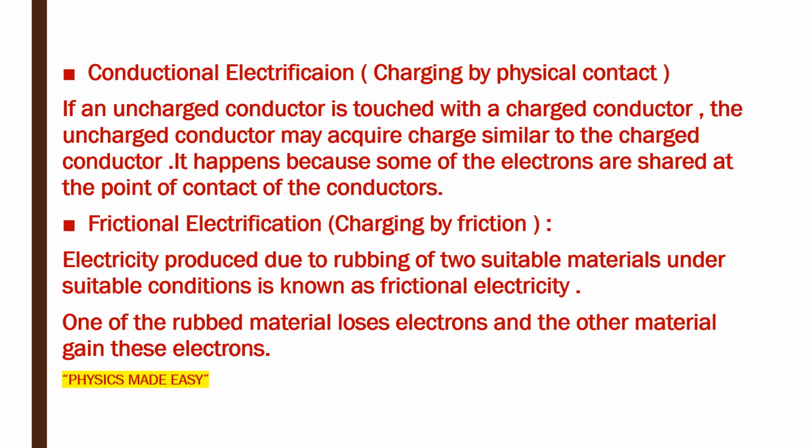The second method is frictional electrification, which means charging by friction, or electricity produced due to rubbing of two suitable materials under suitable conditions. One of the rubbed materials loses electrons and the other gains electrons. So in this case both the objects get charged.